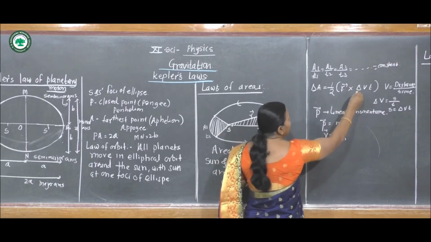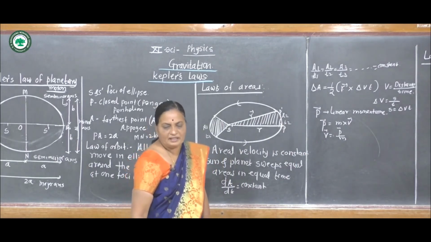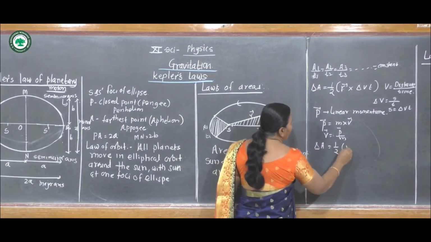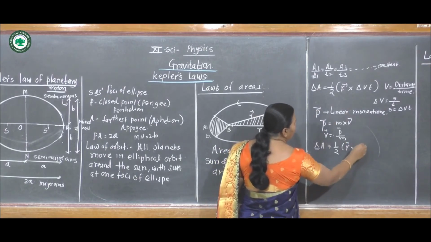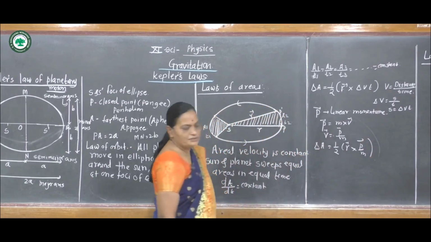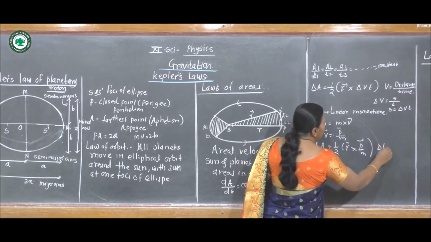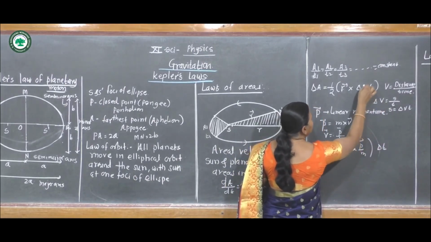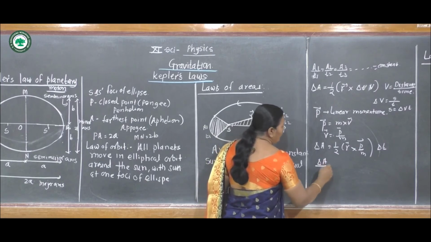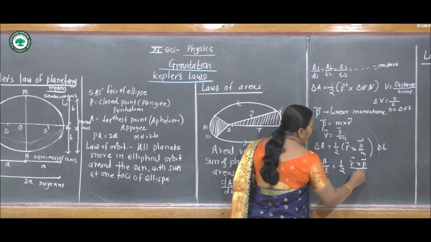Substituting the value of V in this equation, we get delta A is equal to 1/2 r into P upon m into delta T. Then delta A divided by delta T is equal to 1/2 r cross P divided by m.